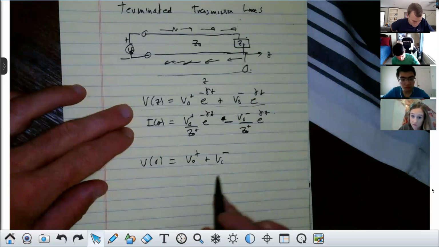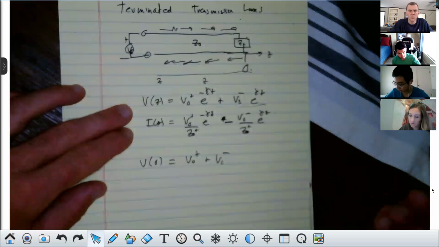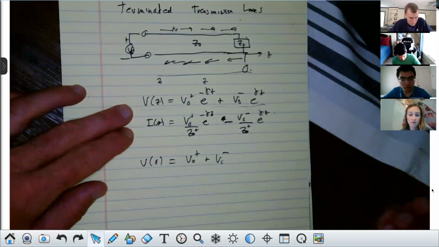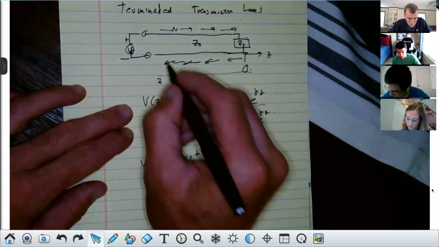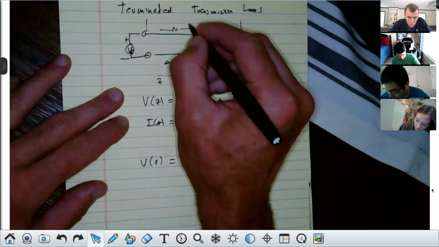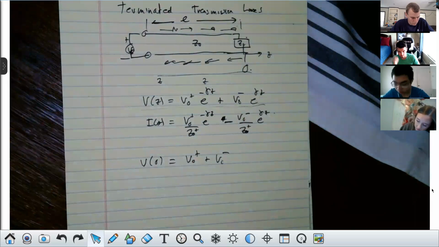That has to be, because I put the load at 0. That means the values of z are actually negative, right? Are you with me, class? And I can furthermore say that I'll make this transmission line have a total length of L, as such.